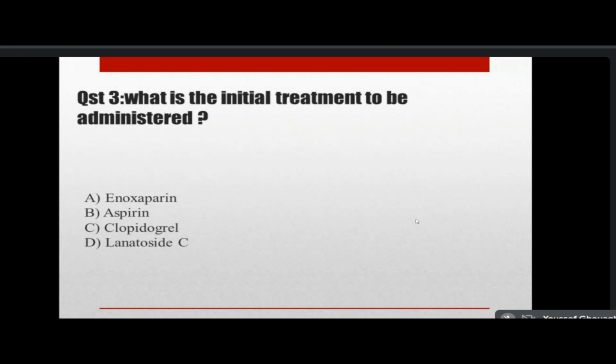Okay, the other: A, D, A, B. Good. We will wait another 5 or 6 seconds to move on and see which is the correct answer.